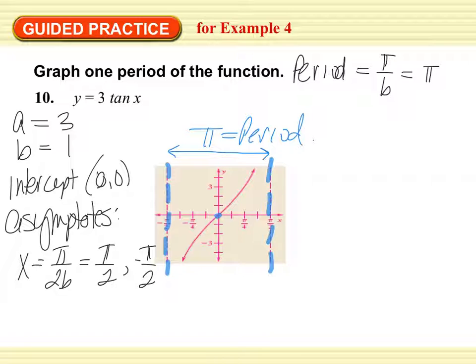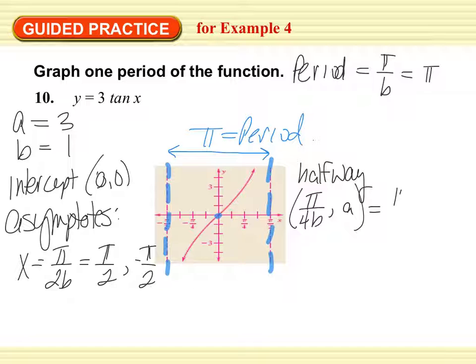Now I need the halfway point. So I need halfway between 0 and pi over 2. That's going to be pi over 4b, comma a, is pi over 4, comma 3, and then negative pi over 4b, comma negative a.